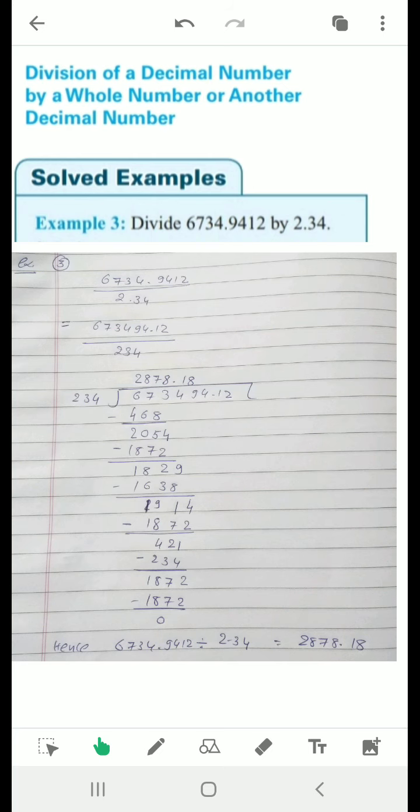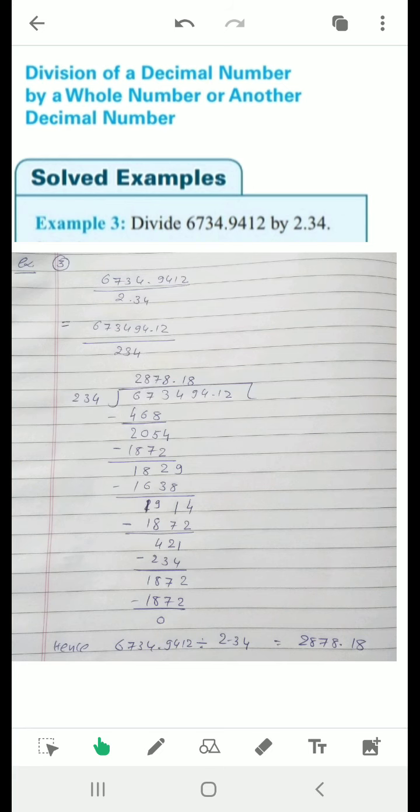Try to understand again, try to concentrate on this topic. Count the number of decimal places in the numerator and denominator. In the numerator decimal places are 4. In the denominator decimal places are 2. Now subtract 4 minus 2, 2. So in the numerator now the decimal will be placed after two digits. Understood? So now we have written the number 673494.12 upon 234.